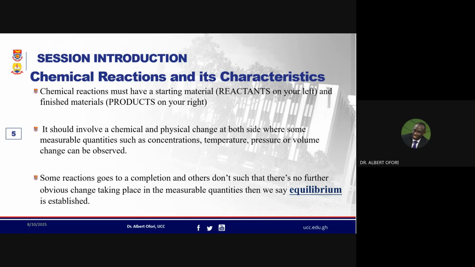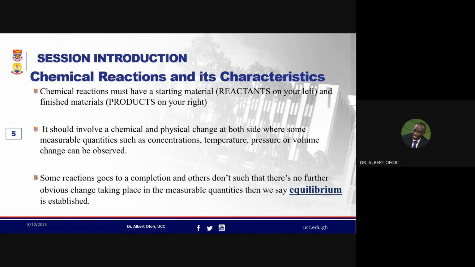These arrows can be in different forms, which communicate differently to us. When we have a full arrow, it means that the reaction goes to completion, meaning the reactant will react to form a complete product, and that product is stable.